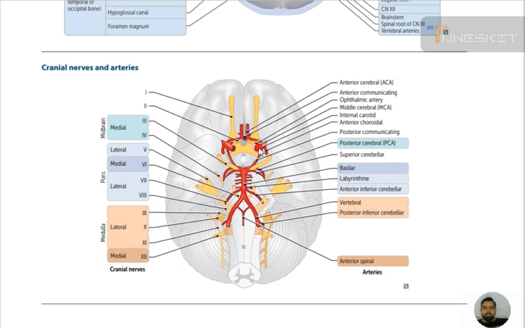The artery connecting the posterior cerebral and middle cerebral is the posterior communicating artery. The single side branch is the anterior choroidal artery, and this branch going posteriorly is the posterior cerebral artery.